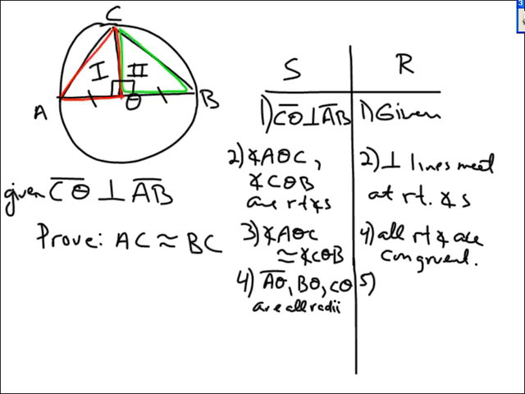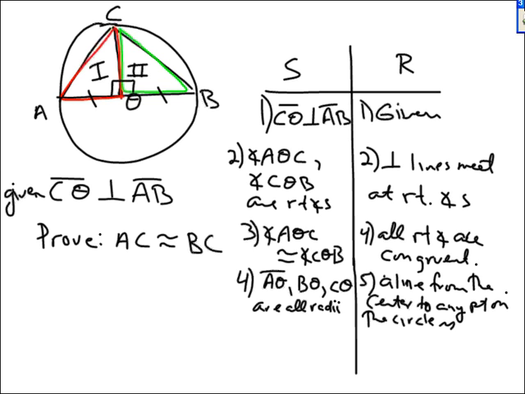Any line from the center to a point on the circle is a radius. A line from the center to any point on the circle is a radius.